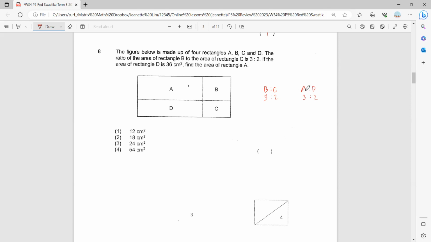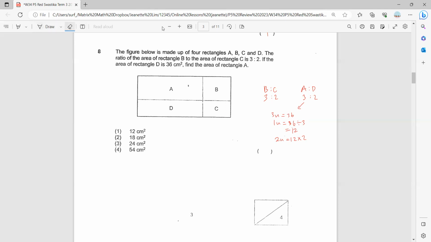So based on this ratio A to D, if D is 36, right? So 3 units equals 36, 1 unit equals 36 divided by 3. How do you find D? D is 2 units. So 12 times 2. Wait, sorry, wrong.